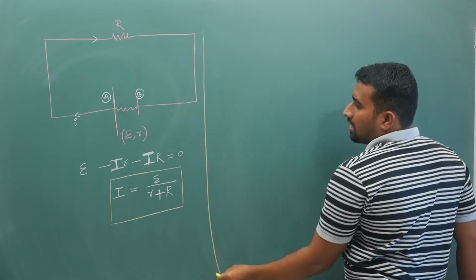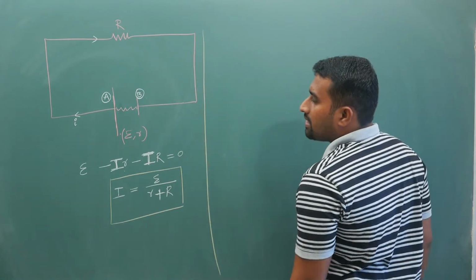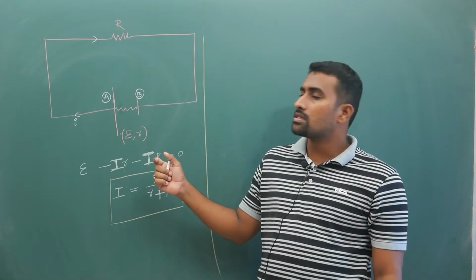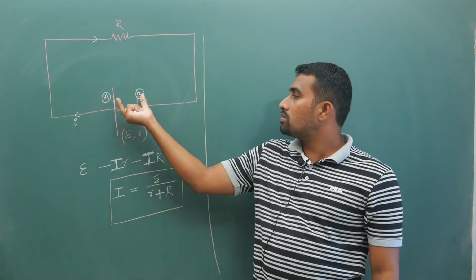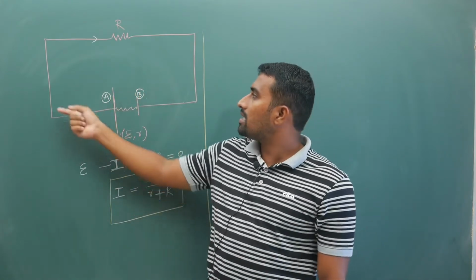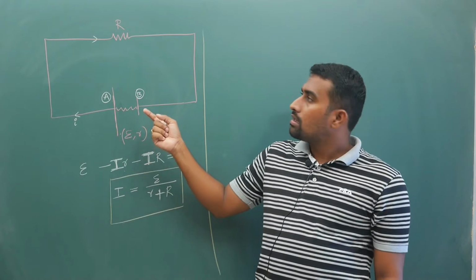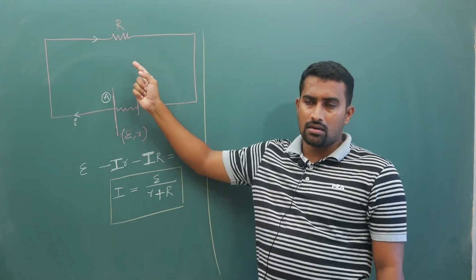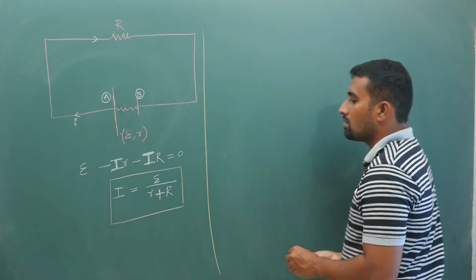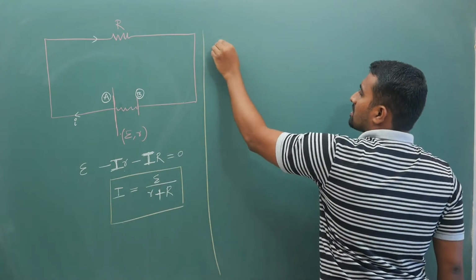If you travel between A and B, I told you what the terminal potential difference means: the potential difference between these two terminals of the cell. If you are traveling outside, it is minus IR, and through the cell, I will tell you how much it is. I will apply Kirchhoff's sign convention.